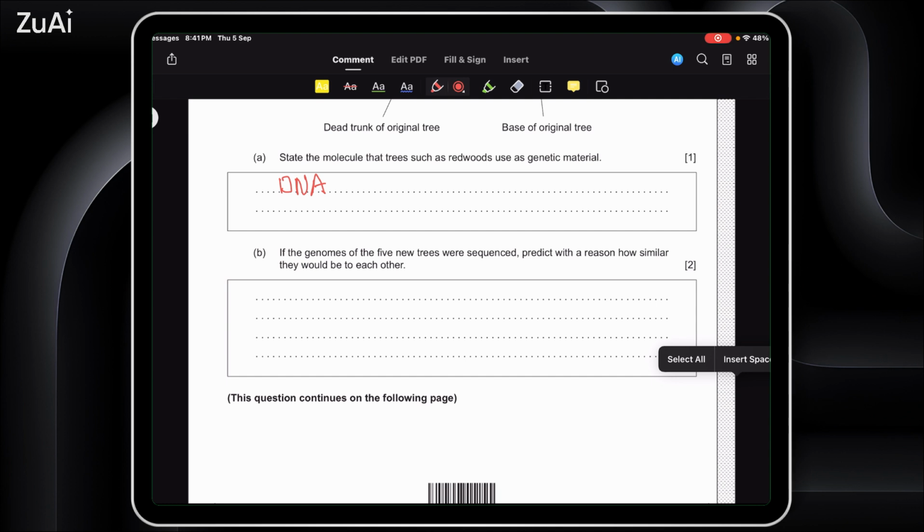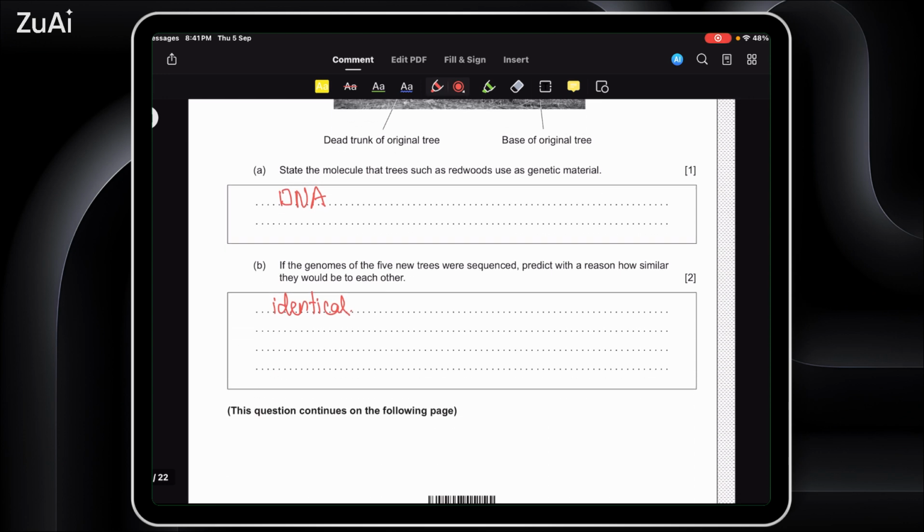So yeah, they are of course identical. Why? Because that is cloning, like asexual reproduction. That's the reason.